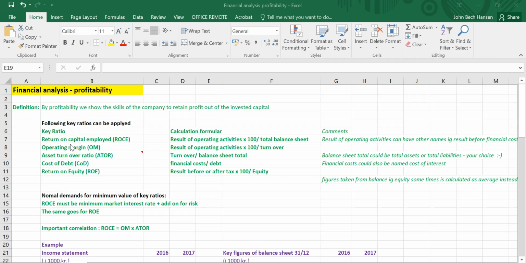Apart from making the profit itself, the key ratios measure the profit against the resources put into the organization to make the profit.